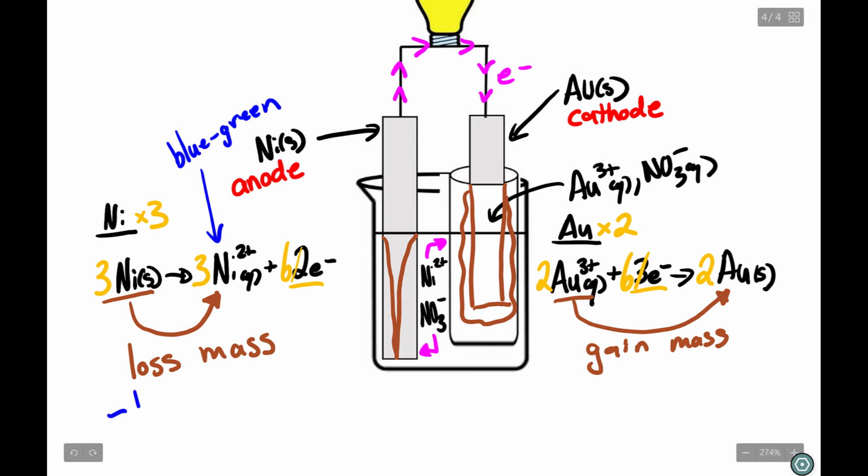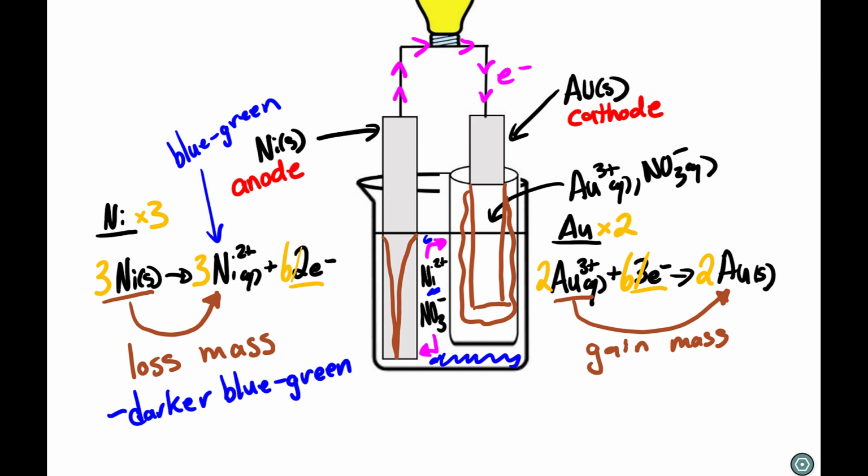So this is going to become darker blue green. We would see that in this area here, not necessarily in the other half cell. Because it already had some nickel ions in it, it is already blue-green to start.